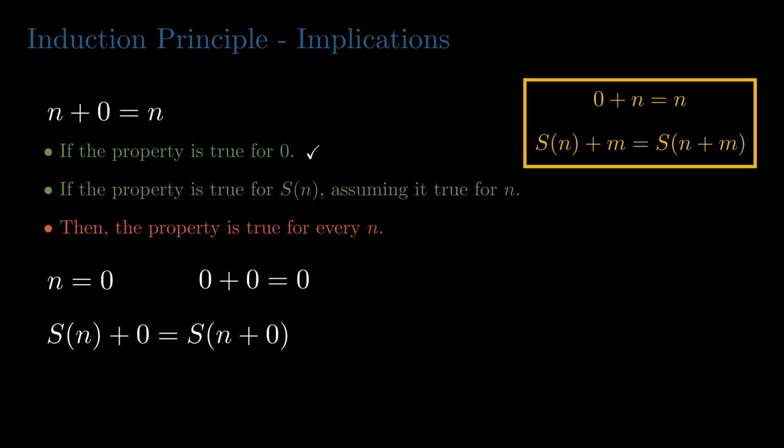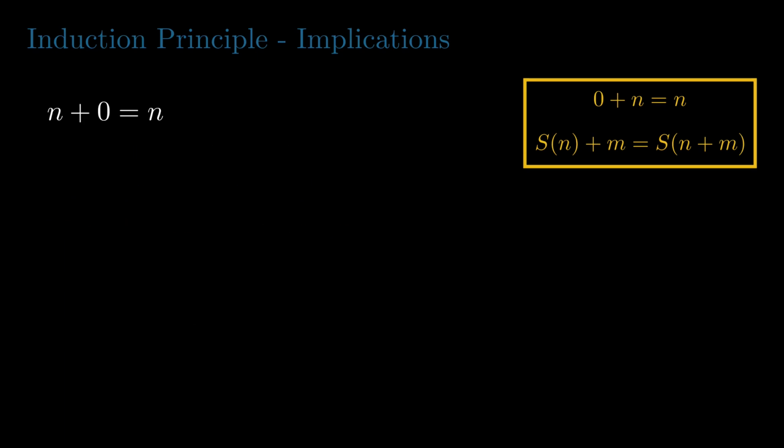Now we are assuming for a moment that the property holds for our particular n, and so n plus 0 is equal to n, and we get S of n. You see, we got the exact same expression using the successor of n. By the induction principle, n plus 0 equals n is true for any natural number n.